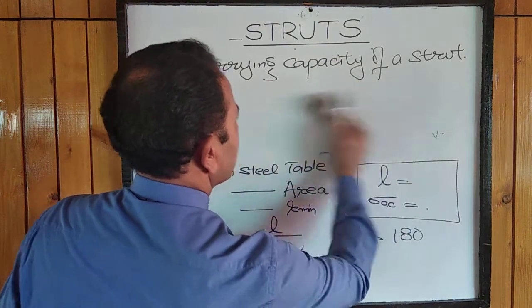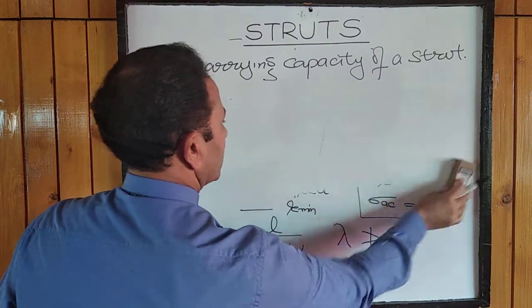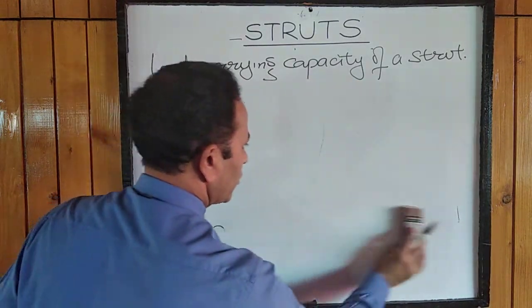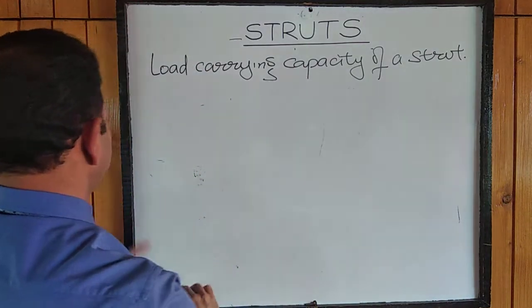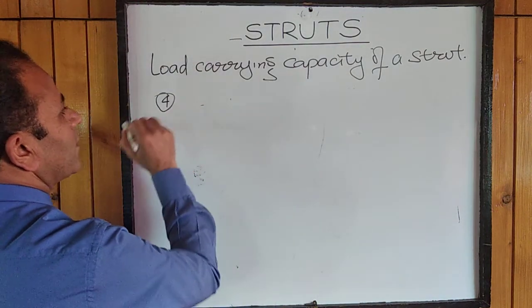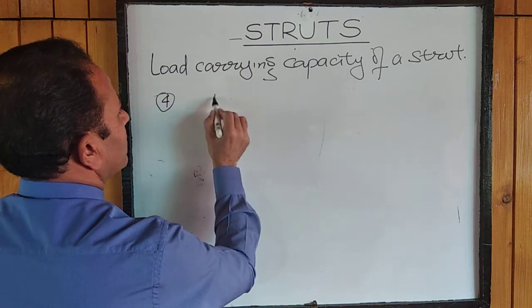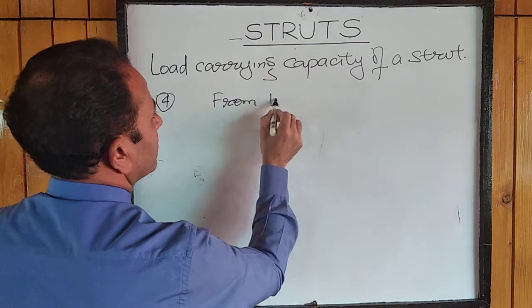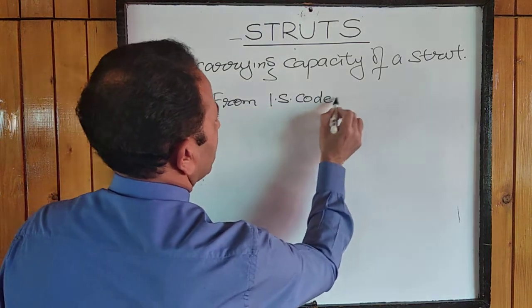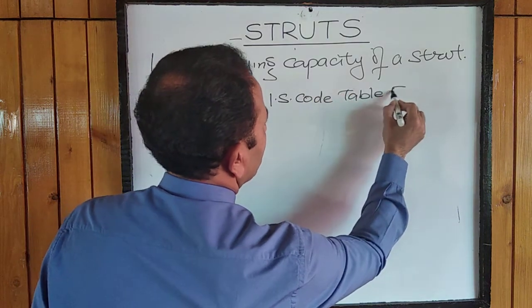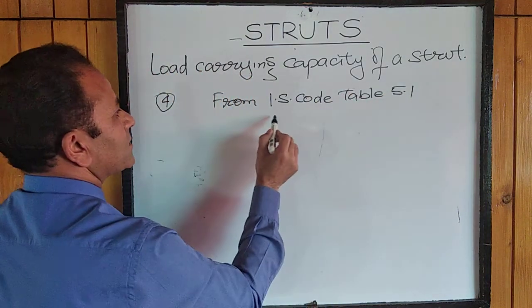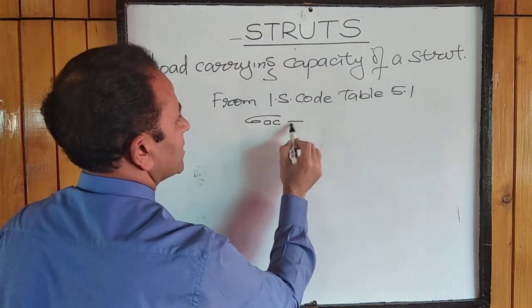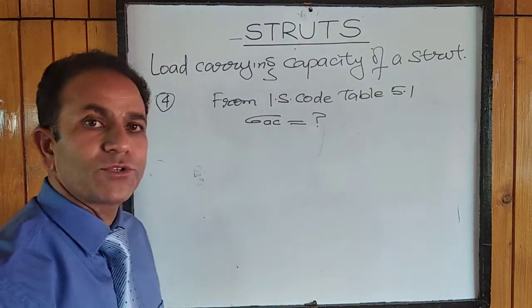After we calculate this lambda, we can now go to the table of the IS code to find out sigma AC. So corresponding to lambda, from the IS code table number 5.1, we find out sigma AC. Sigma AC is the permissible axial compressive stress.